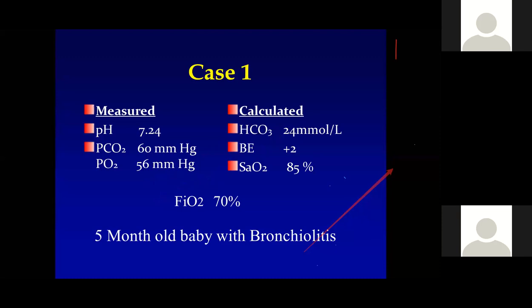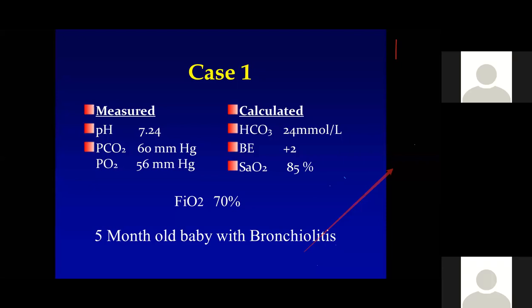Very, very important: whenever you're mentioning the ABG, please make a note of how much oxygen you're giving the patient. Otherwise, the figures may alter and you may wonder why this patient's ABG is like this. Then you will not be able to read it properly.